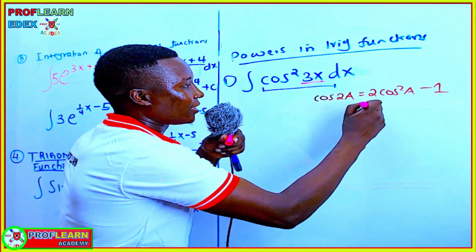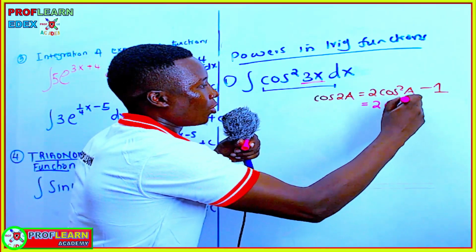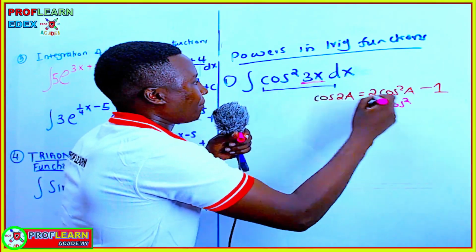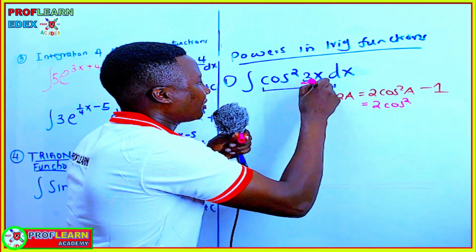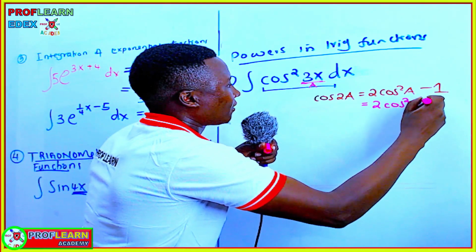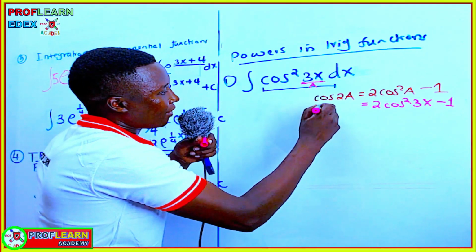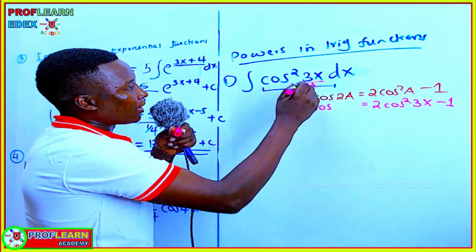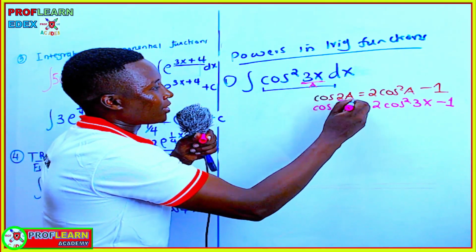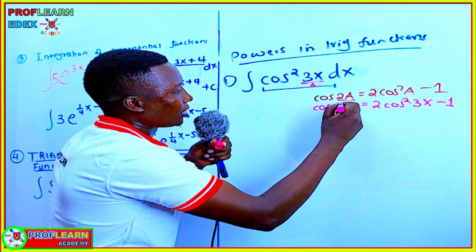So we can express our trigonometric function here in double angle. We are going to write 2 cos squared a, but our a here is 3x minus 1. Then on the other side, we have cos of 2 times a. Our a was that, so this becomes 6x.